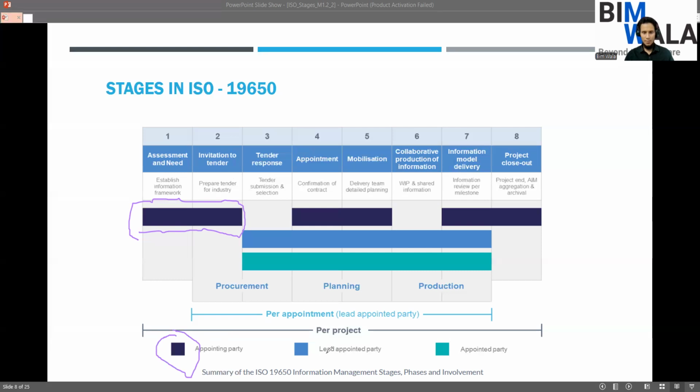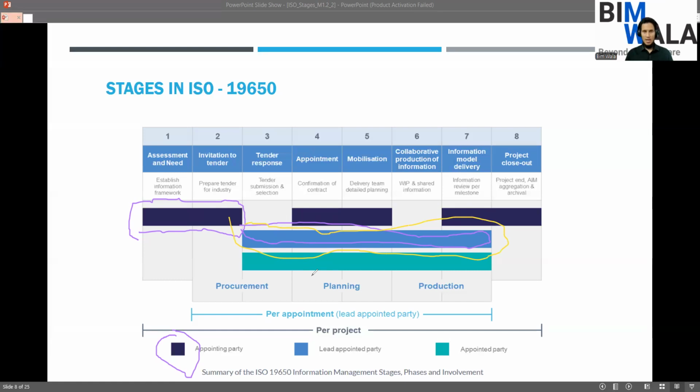Now, second is lead appointed party. Second legend. That means this particular part, okay, let me change this, this particular part is your lead appointed party. Lead appointed party is the one who is the principal contractor or general contractor. Let's say I gave you the example of L&T.